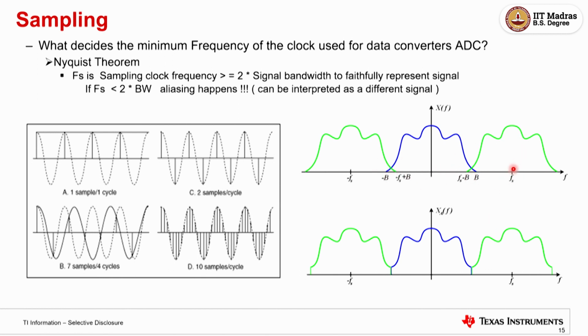If your Fs is twice this, you are exactly matching, and this one doesn't merge here. If it is lesser and lesser, you can see these things merging. This keeps coming here, then this green will fall over blue, and that is equivalent to not representing the information. So your rate has to be double this bandwidth. This is your Fs rate that you need to remember.